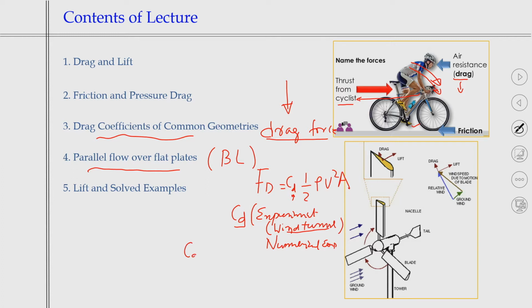CD is a function of velocity, and of rho, the density of the fluid. It depends upon the velocity, which we can say is the free-stream velocity, and it also depends upon the frontal area, the shape, size and orientation.